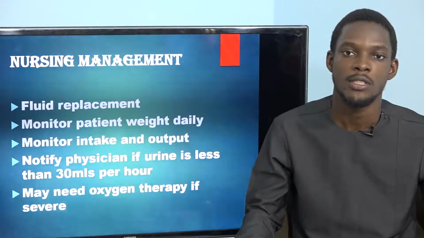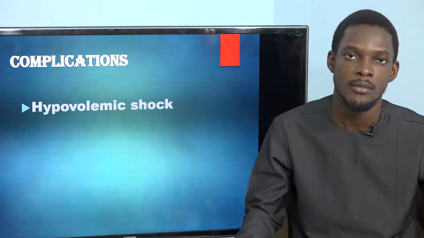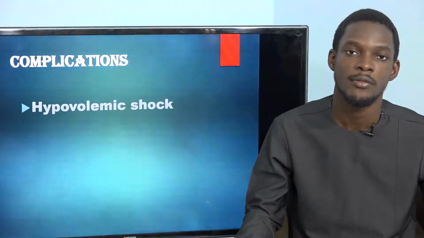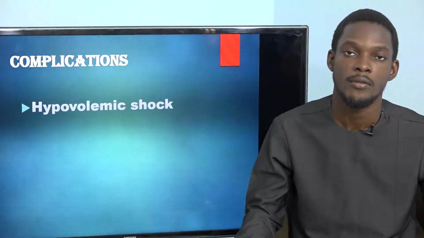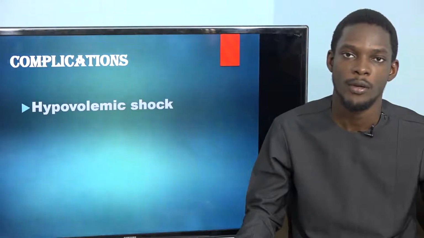You may also need to serve oxygen if dehydration is severe and the client's respiration begins to suffer, or the client goes into respiratory distress. The major complication of fluid volume deficit is hypovolemic shock.